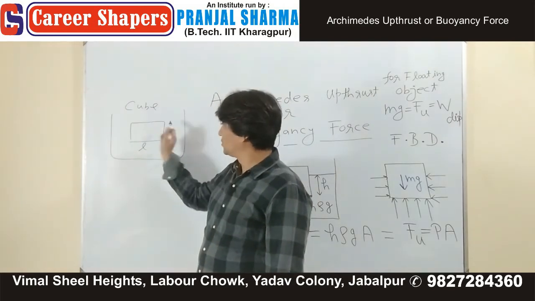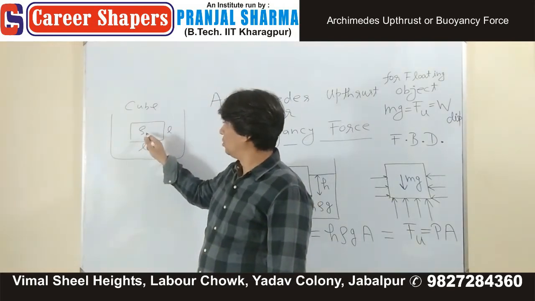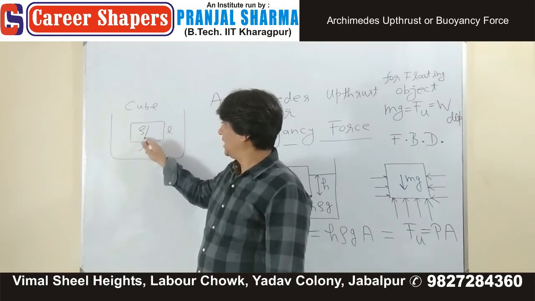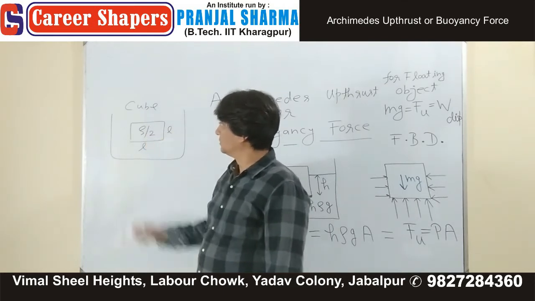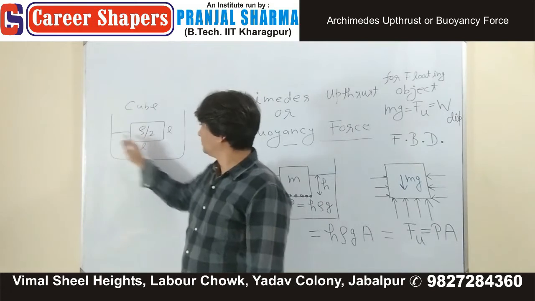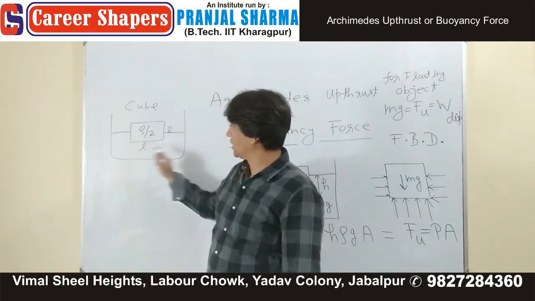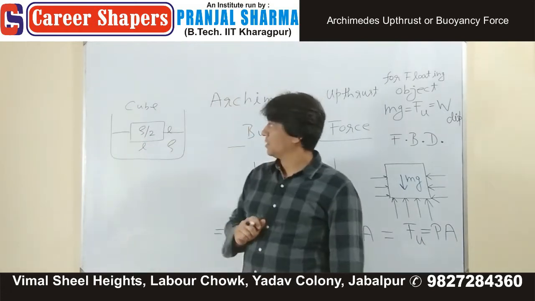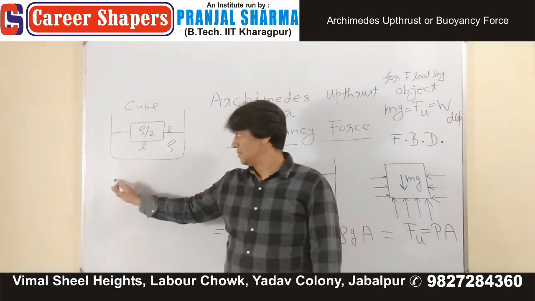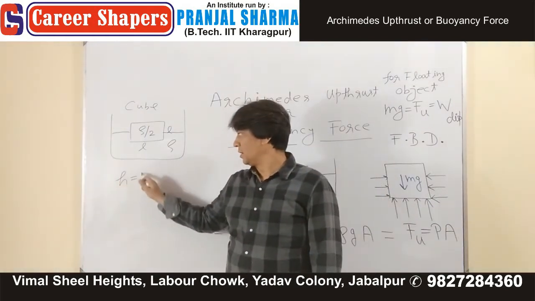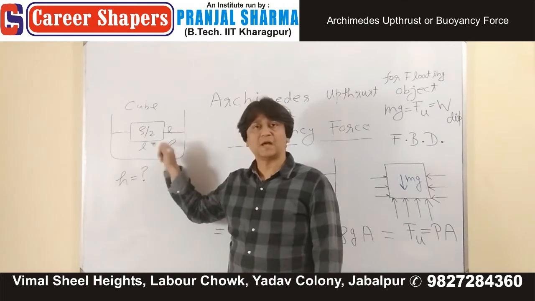And the density of this cube is rho by 2, and it is submerged in a liquid of density rho. Then what height of the cube is inside the liquid?